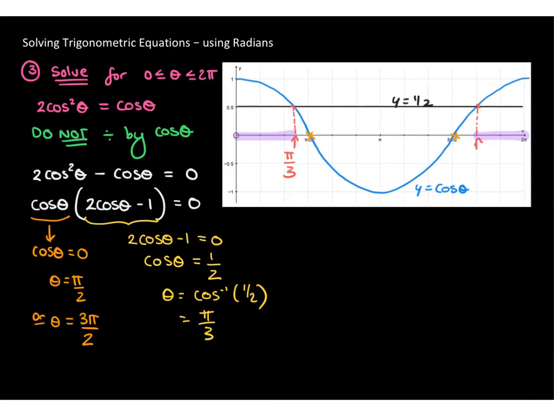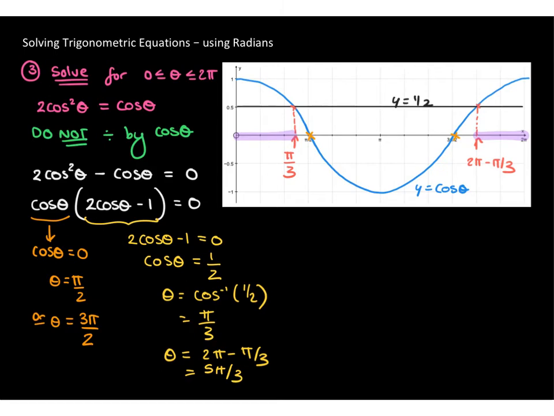This angle here is going to equal 2 pi subtract pi by 3, so that will give me my second answer within the range allowed of 0 to 2 pi: theta equals 2 pi take away pi by 3, which equals 5 pi by 3.